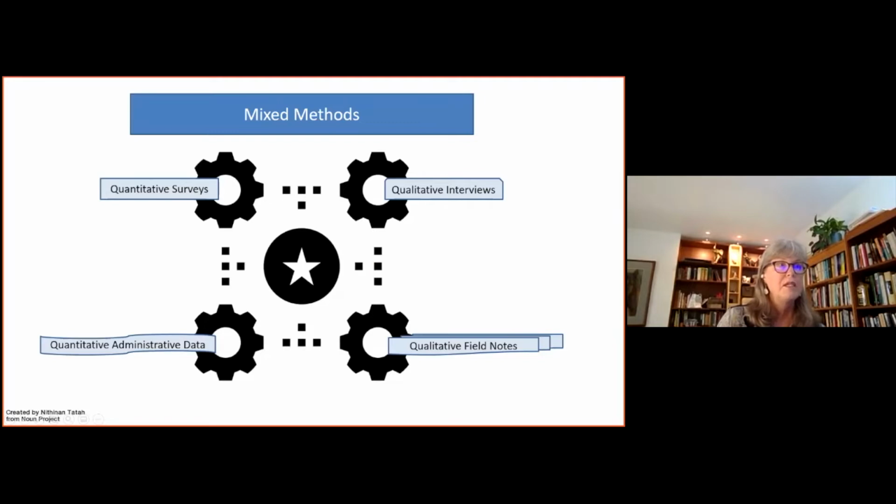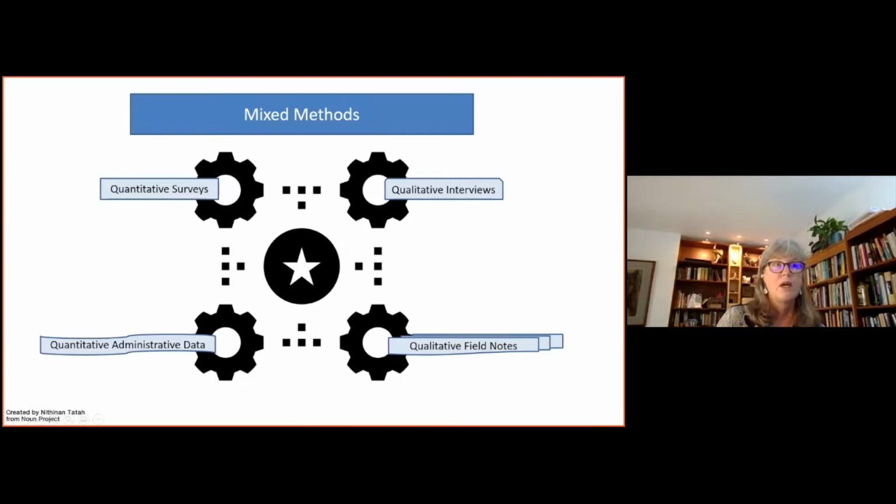We used a mixed methods approach in our case, and this is very common within implementation research, that we're often combining methods. Quantitative surveys are rarely enough. They give us the breadth, but they don't give us the depth and richness of information we need to effectively tailor our implementation approaches.